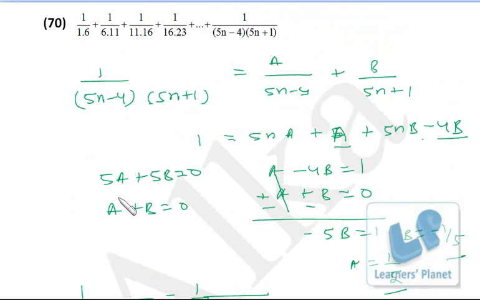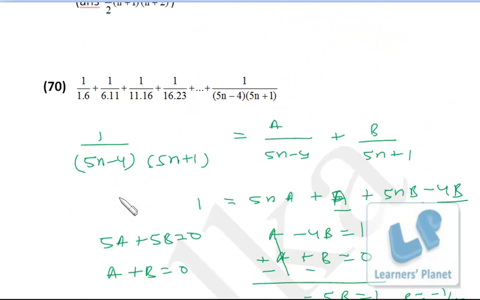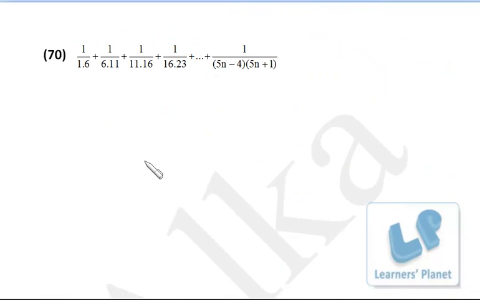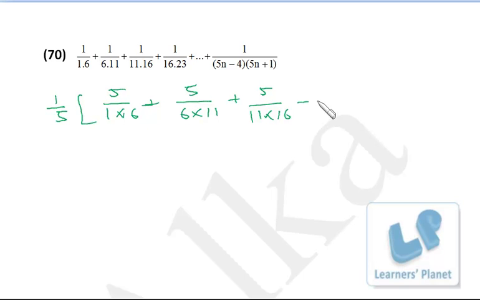Okay. So what we are doing, we will be multiplying the numerator and denominator by 5. So it is 1 upon 5 into [5 upon 1 into 6 plus 5 upon 6 into 11 plus 5 upon 11 into 16 and so on up to 5 upon (5n minus 4) into (5n plus 1)], right?